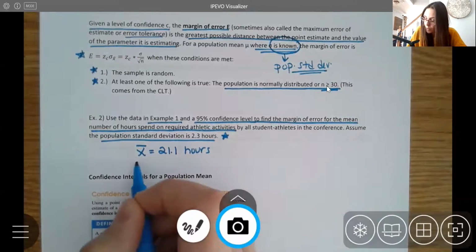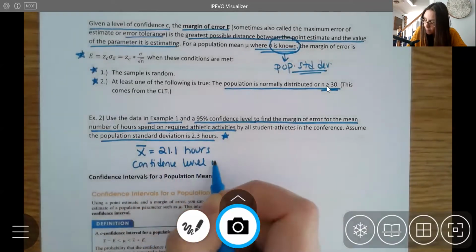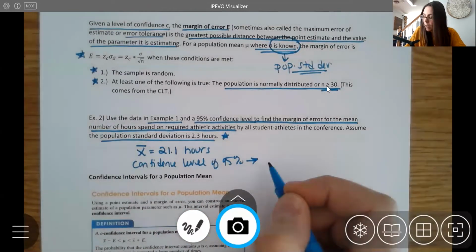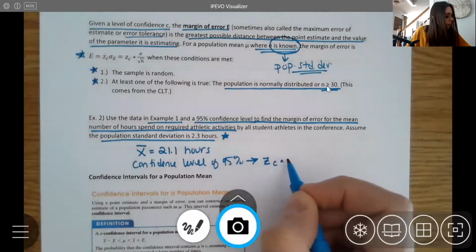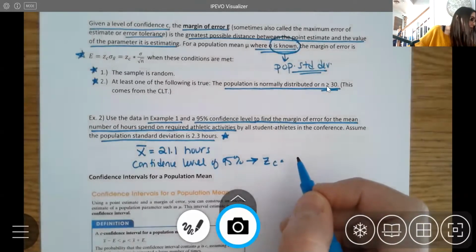We also know that we're using a confidence level of 95%, and we saw in the last video that your Z value there is, what, 1.96. Just double check here. Yeah, 1.96 there.